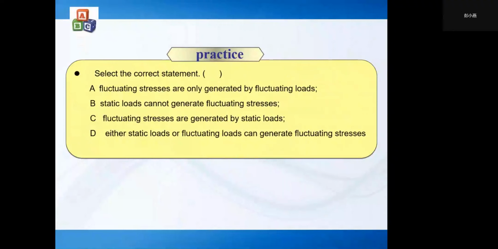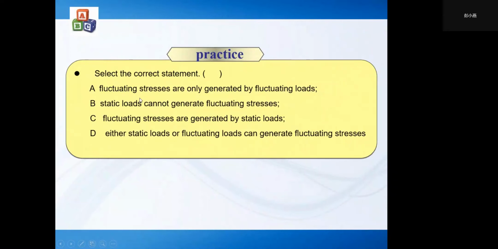Now, let's do some exercises. Select the correct statement. A. Fluctuating stresses are only generated by fluctuating loads.